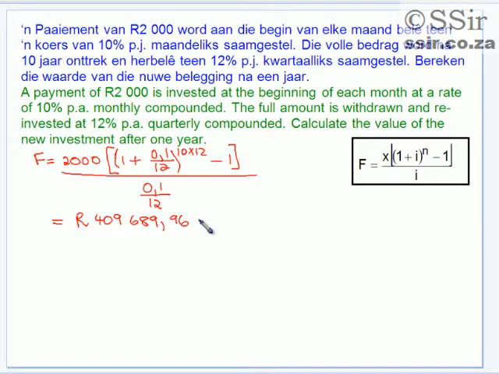So after 10 years, our investment is worth this amount. And now this amount is reinvested for only 1 year, but at a different interest rate of 12%, quarterly calculated. Now it is not an annuity, but a normal investment using compound interest. So I'm going to use this formula and substitute our values.